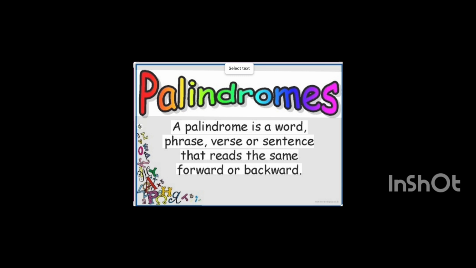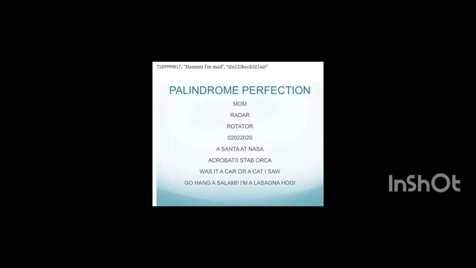So, what is a palindrome? As you can see on the screen, a palindrome is a word, phrase, verse, or sentence that reads the same forward or backward. For example, see these words carefully.